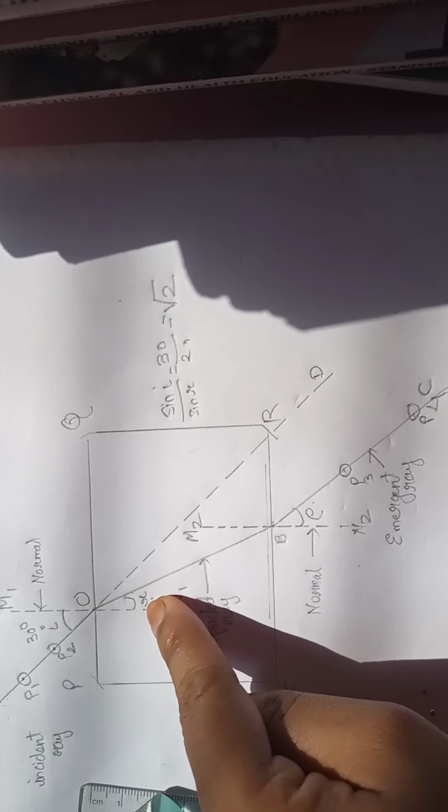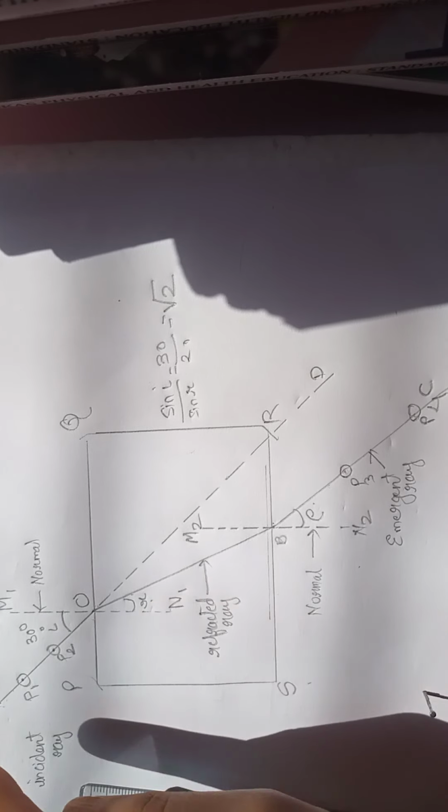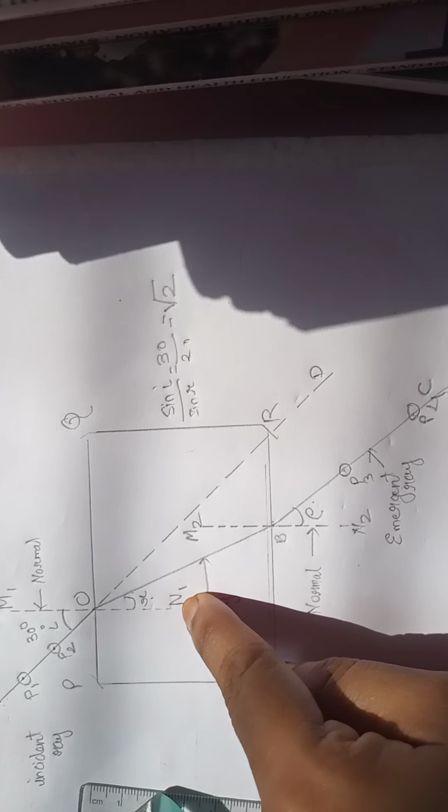So we will say that the angle of incidence is greater than the angle of refraction. This means when a ray of light travels from air to glass, it bends toward the normal. This is the normal. So this line, that is the incident ray, is bending toward the normal.